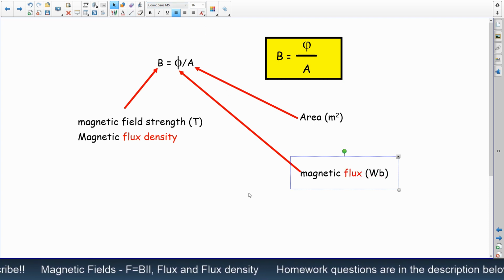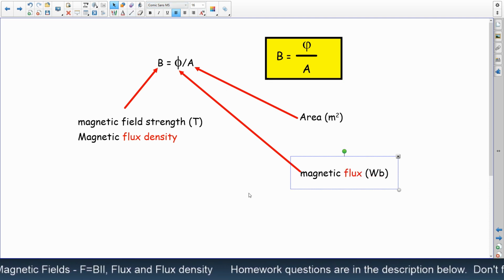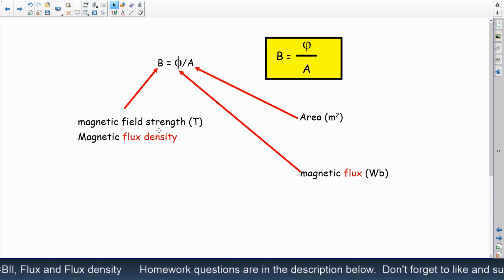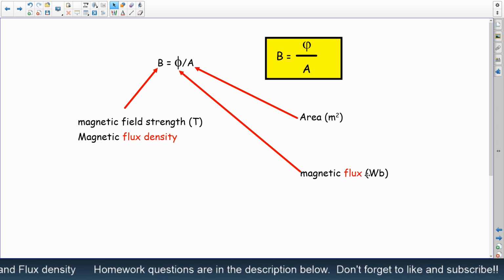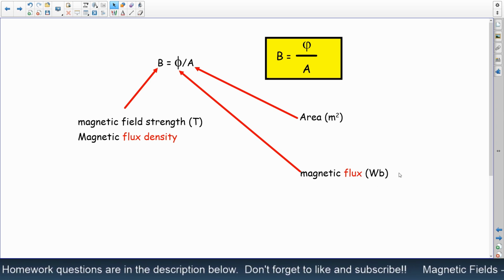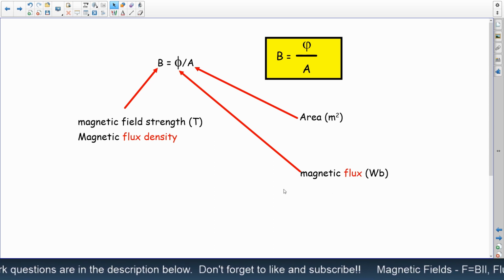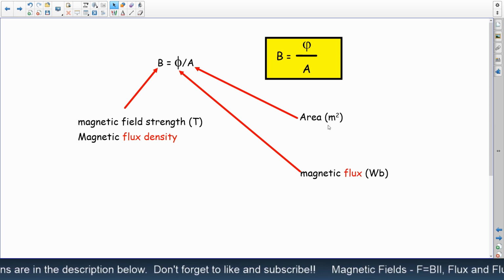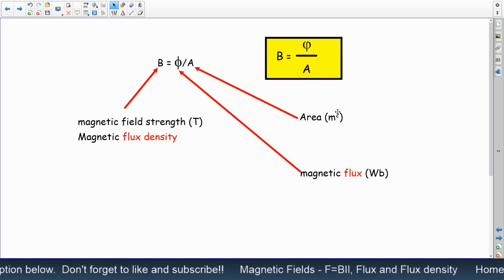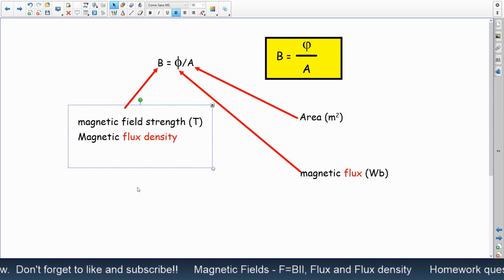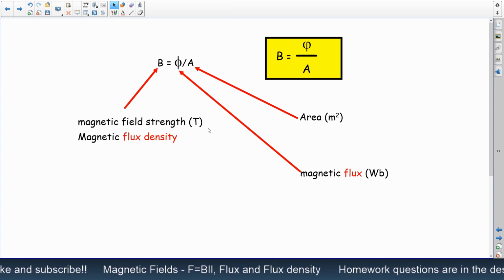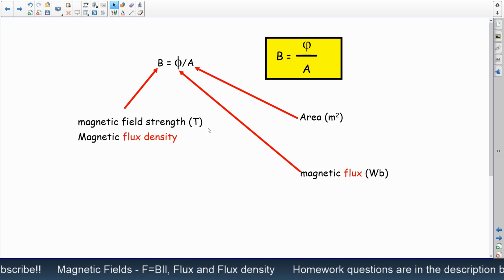It is the number of field lines passing through a particular area that you choose, and all it is is a standardized measurement. If you were drawing the same diagram as everybody else, how many field lines would you need? That's magnetic flux in Webers. Once you divide that by the area it's traveling through, though, you get a different number. You get Webers per meter squared, which is the magnetic flux density, and that is measured in Tesla. I hope that makes sense to you.